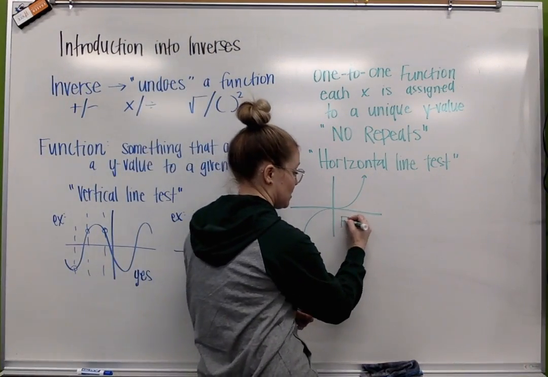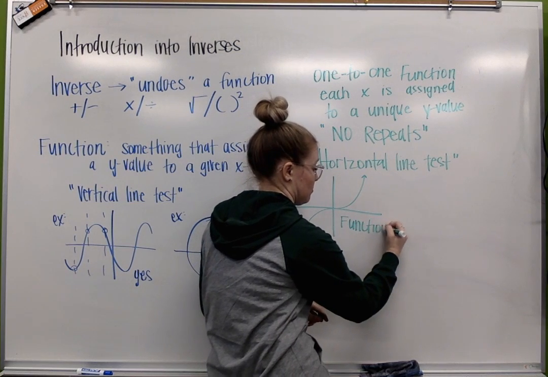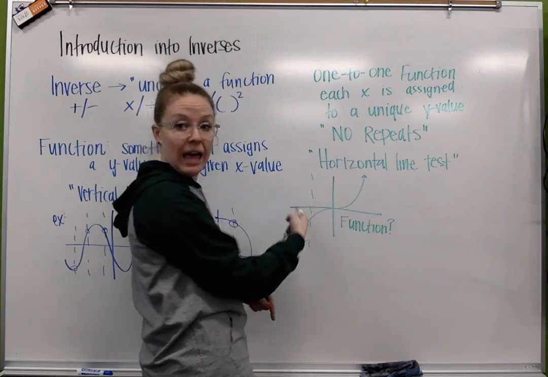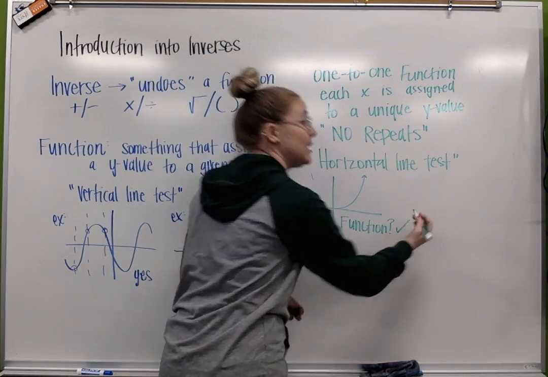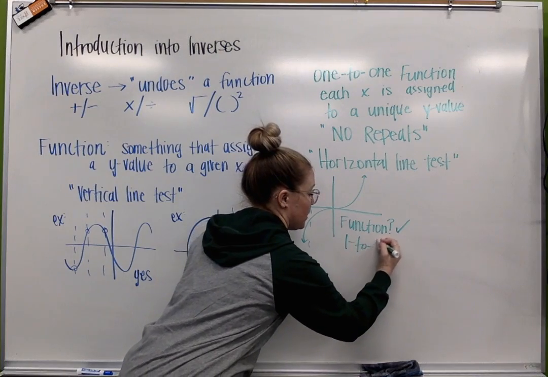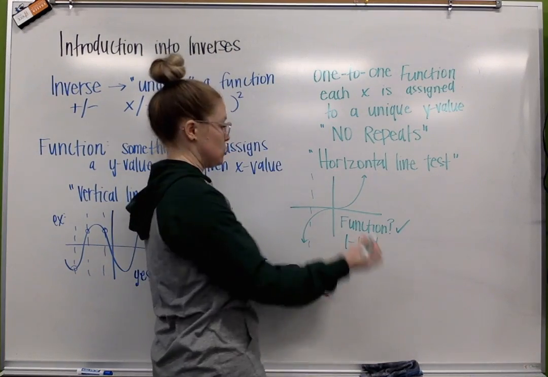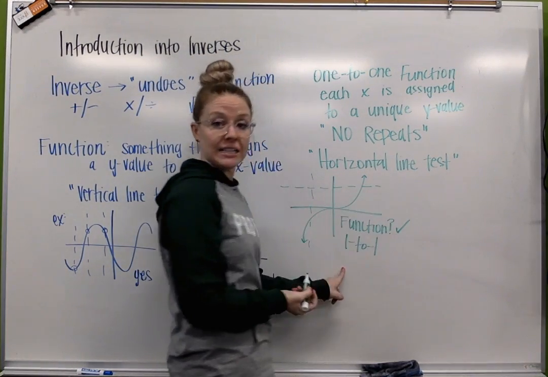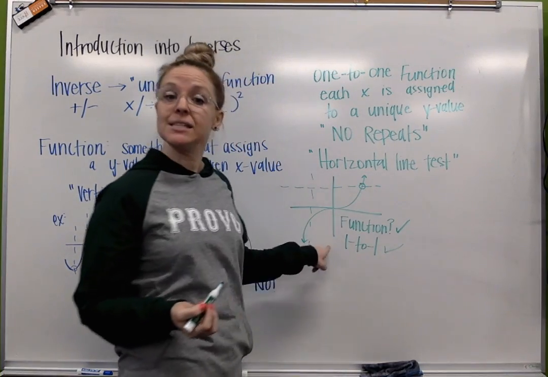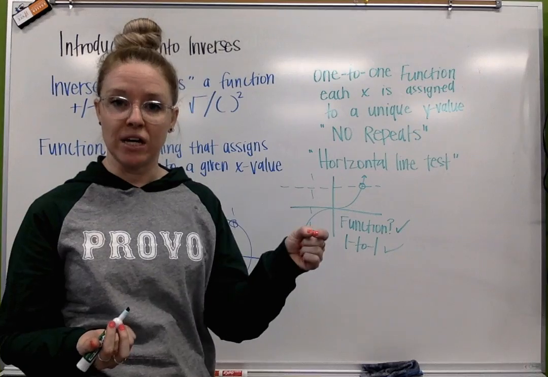So I could ask, is this a function? Well, I'm going to come in with a vertical line test. Every point, yeah, that works. It's a function. So then I want to know, is it a one-to-one function? I come in with a horizontal line test, and it only hits at 1 point, so check. This is a one-to-one function.